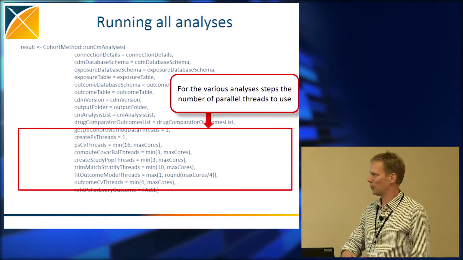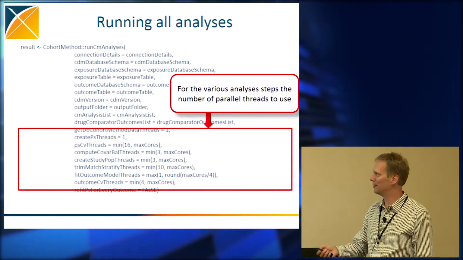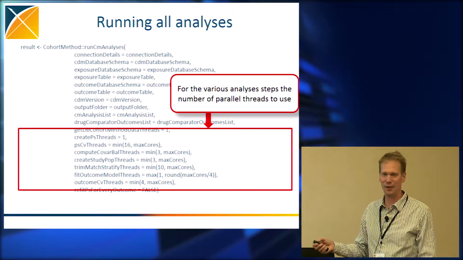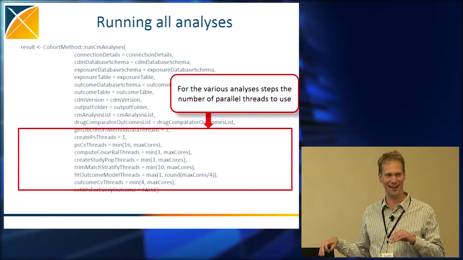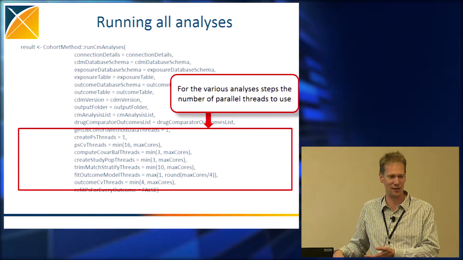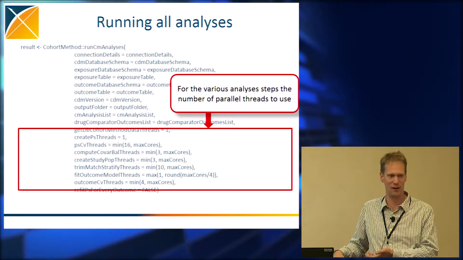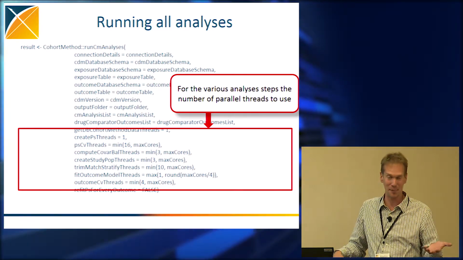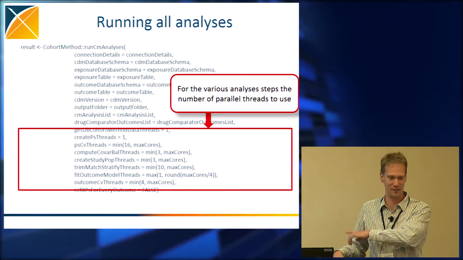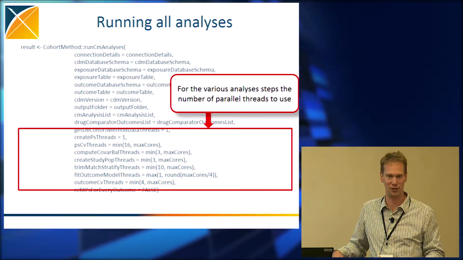Well, that's a good point. Which version of the CDM are we talking about here? Generically, we talk about version 4 and version 5 because most of the time we're not using anything specific to version 5.1 or 5.2. Whether or not there is a datetime field doesn't matter for the CohortMethod package because it completely ignores it.